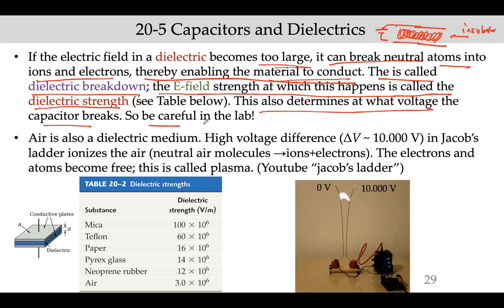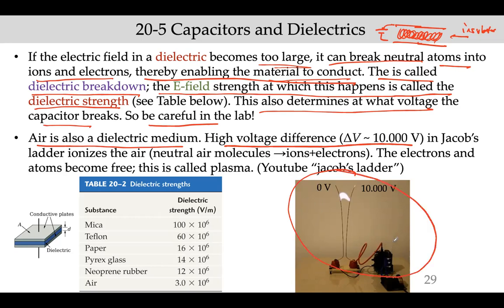So when you make experiments at the lab, you have to be careful. For example, air is a dielectric medium. Air is not a conductor, it's an insulator. But if you apply a high voltage difference of like 10,000 volts, this here is called Jacob's ladder.